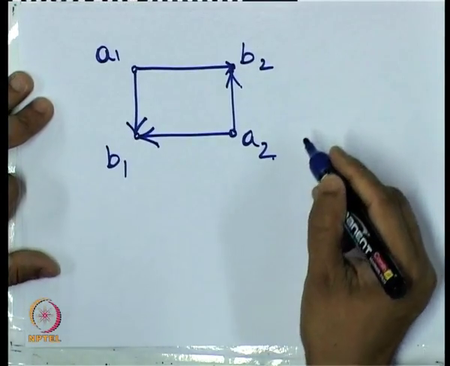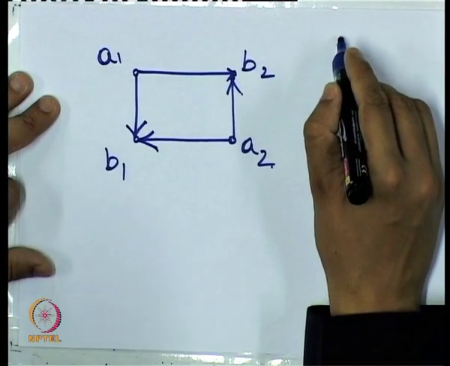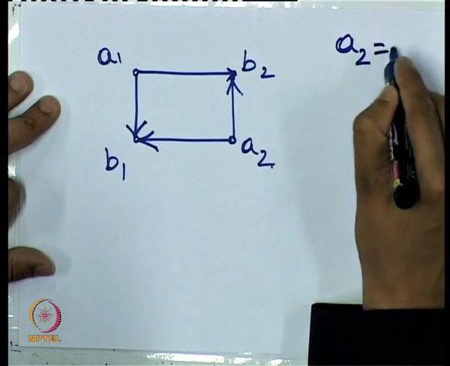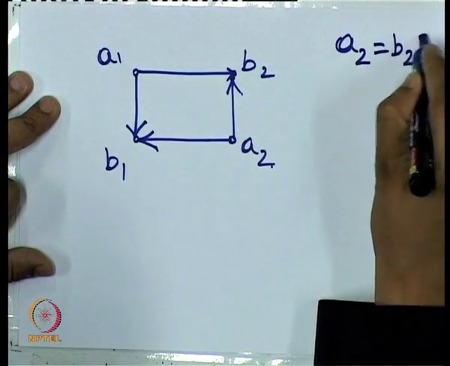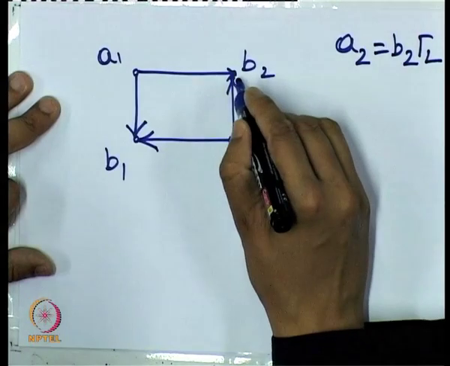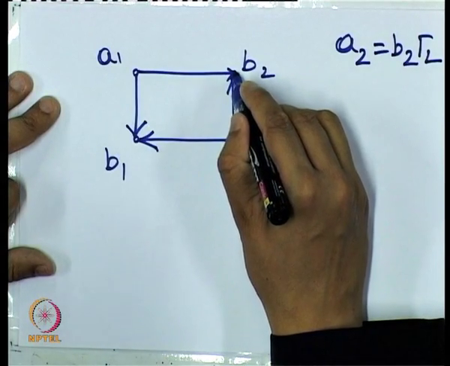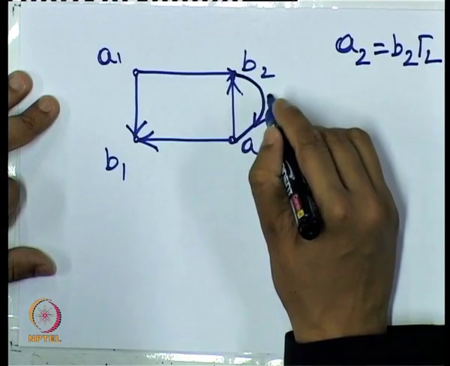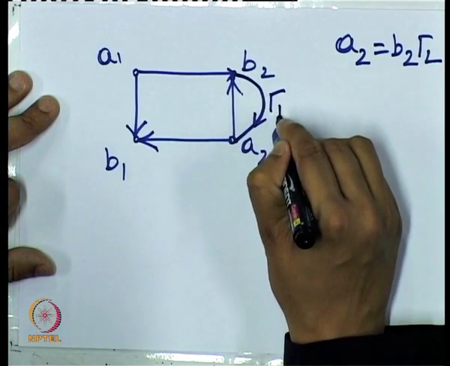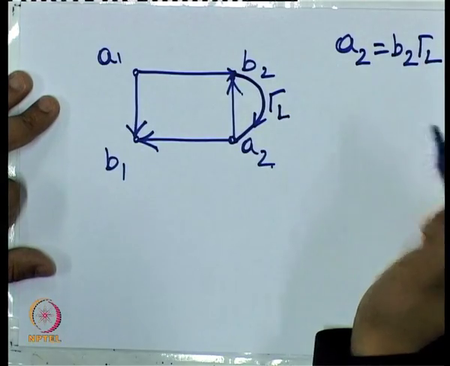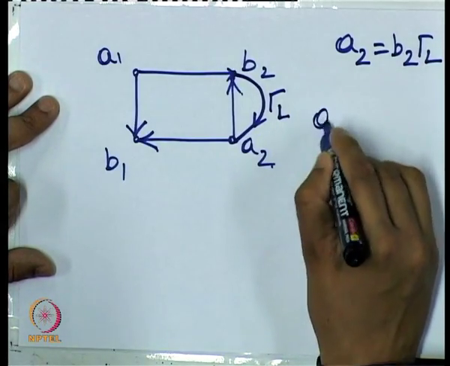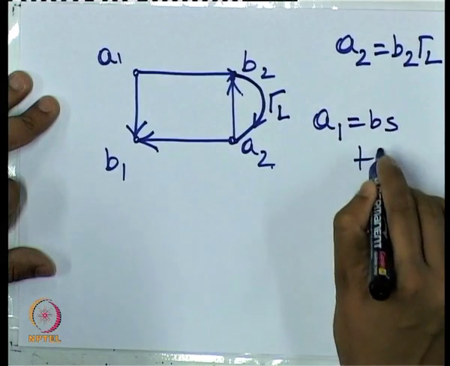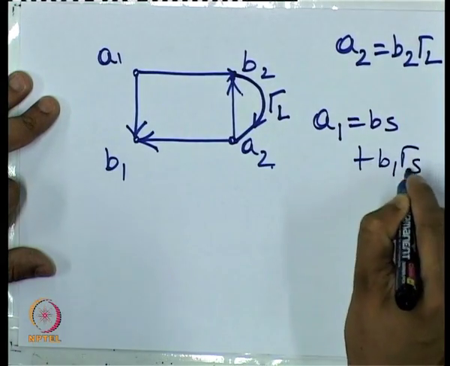And in addition to this, we also have the equation for our load. So we know that A2 is equal to B2 times gamma L. So then what that means is that we have now B2 contributing to A2 with a multiplicative factor gamma L. And we also have seen that there is another equation, A1 equal to Bs plus B1 gamma s.